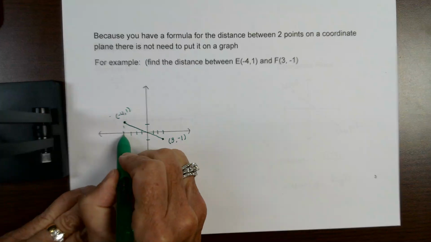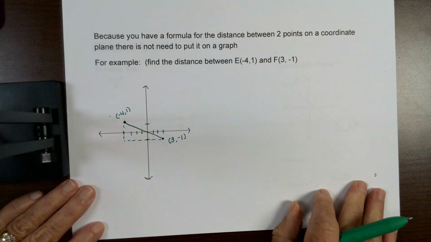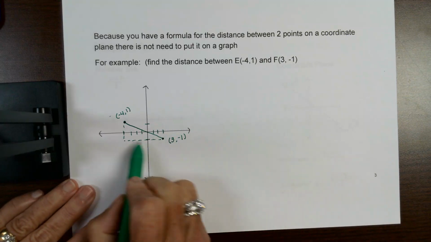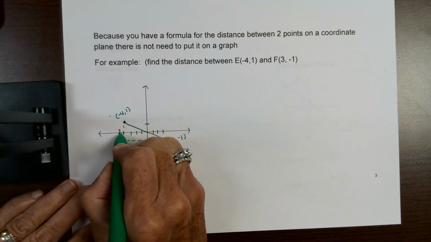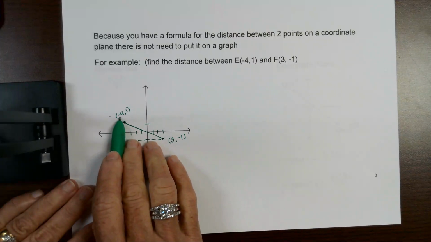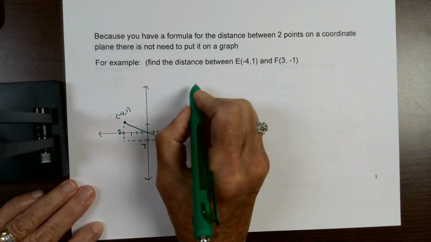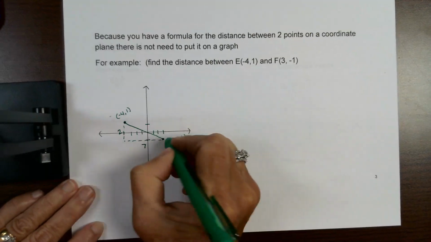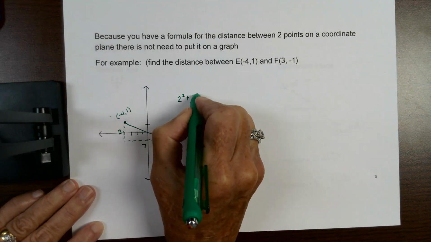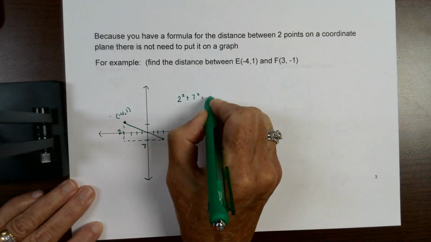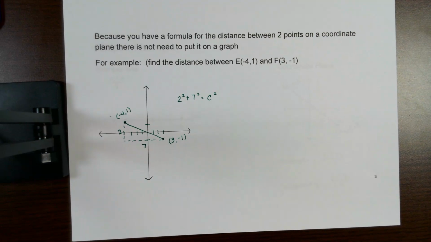So what I could do is I could do the Pythagorean theorem here. So I know that the distance between, this is a -1 right here, to a +1 is 2 units. The distance from a -4 to a +3 is 7 units. So I want to find that solid line, so I can go 2 squared plus 7 squared is equal to the c squared. The c is going to be the distance between those two.